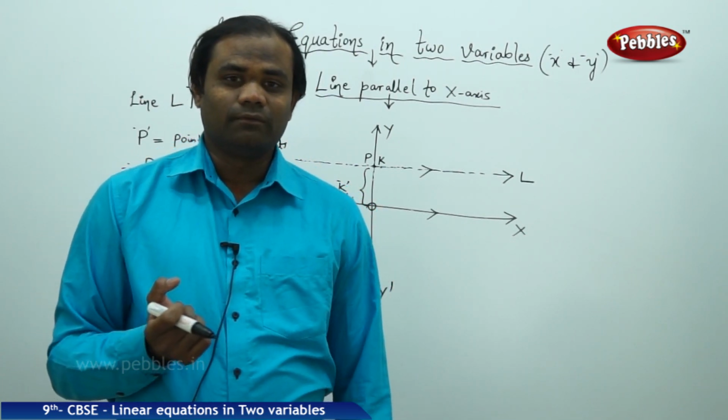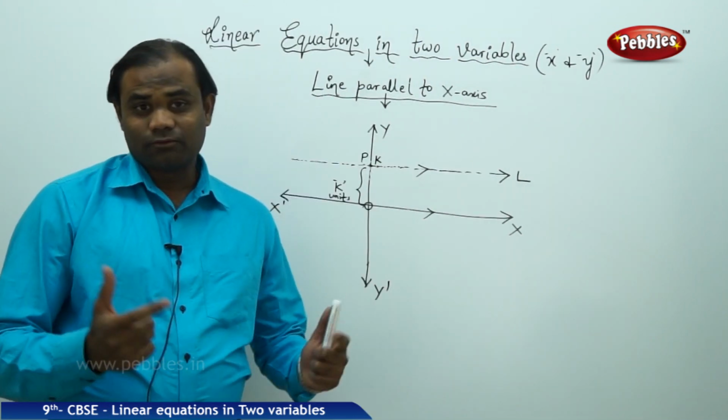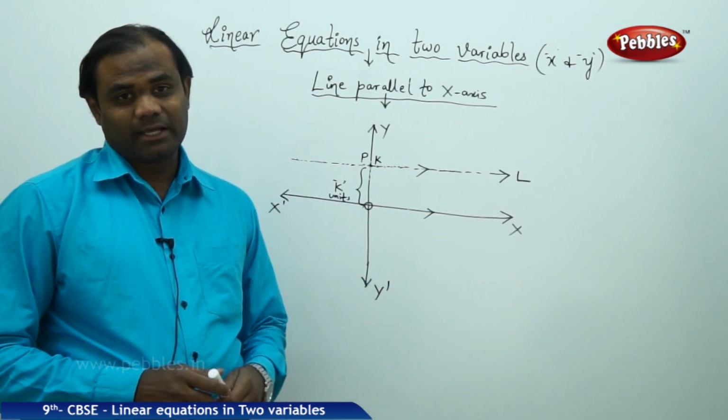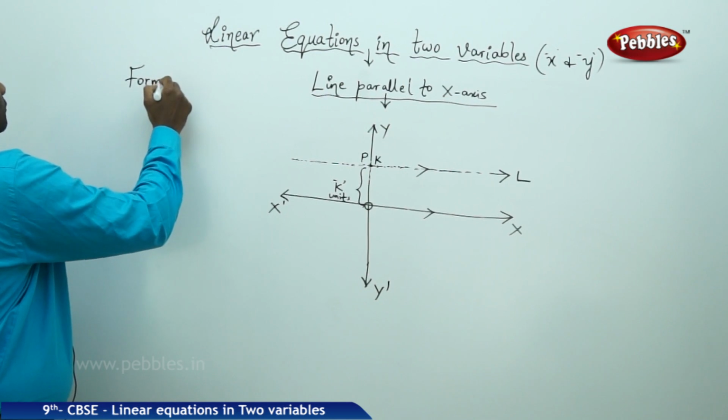Let's see how we're going to satisfy the line through the coordinates. Now let's see the formula. What is the condition for the line L parallel to the x-axis? So here comes the formula.